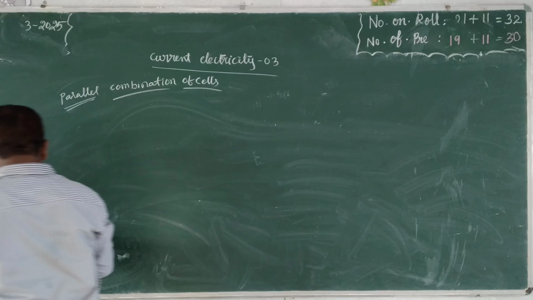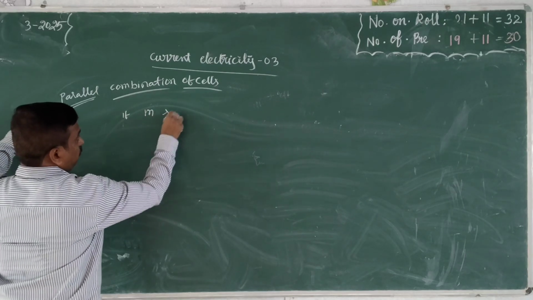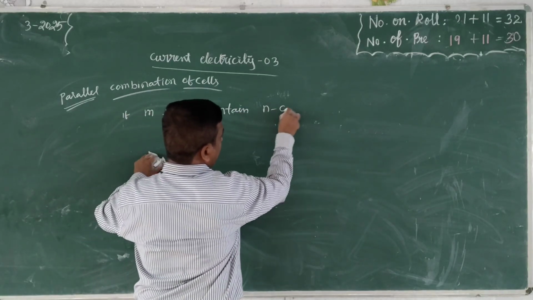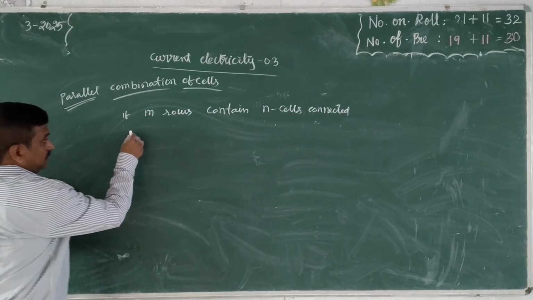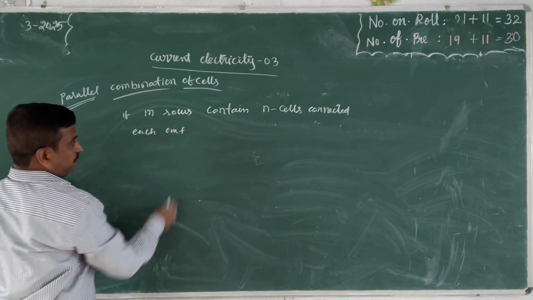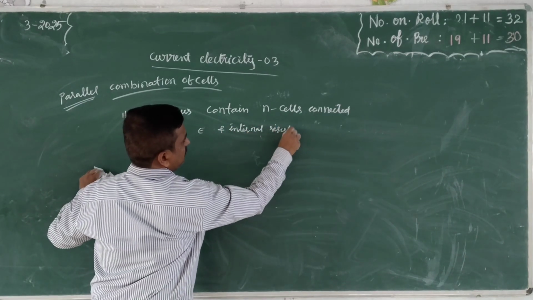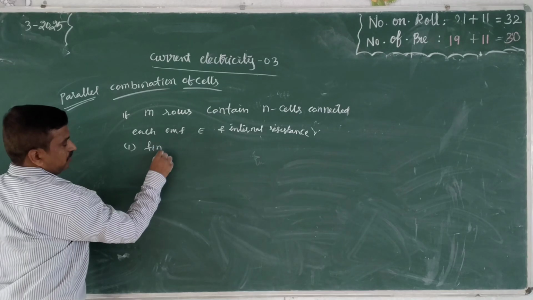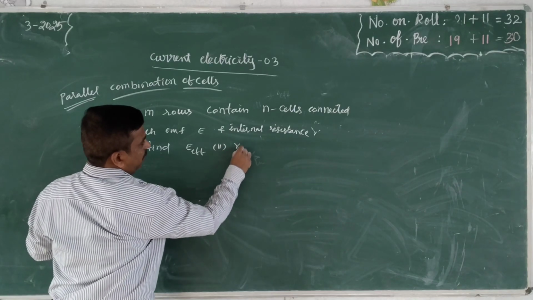Now this problem is very important. If m rows contain n cells connected, with N cells in each row, each of EMF E and internal resistance R, find first E effective, and second R effective.